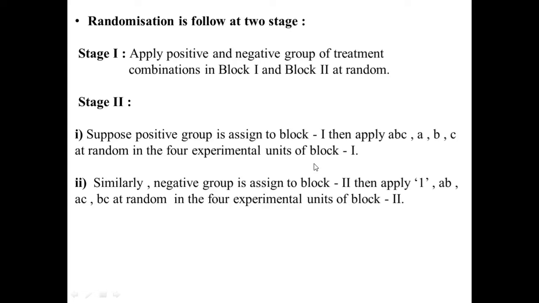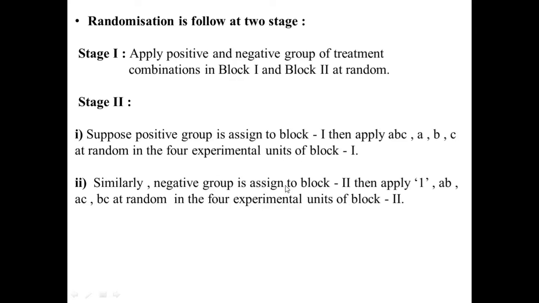In a 2^3 experiment we have 8 treatment combinations, and we divide this one replication into 2 blocks, so each block gets 4 treatment combinations. So we divide block 1 into 4 experimental units, and assign the positive sign treatment combinations to these 4 experimental units.